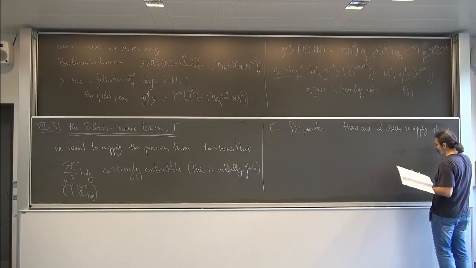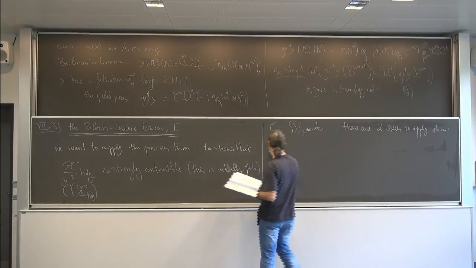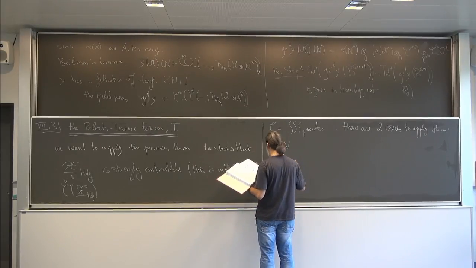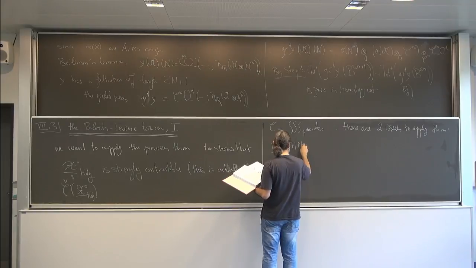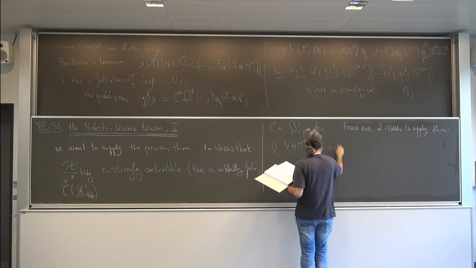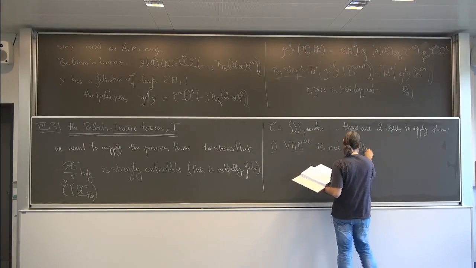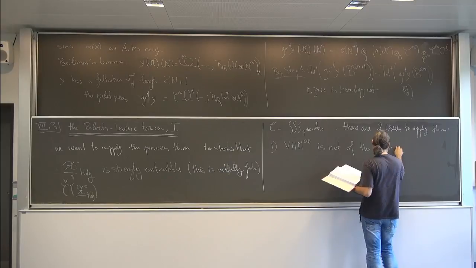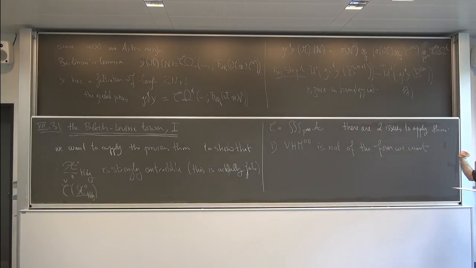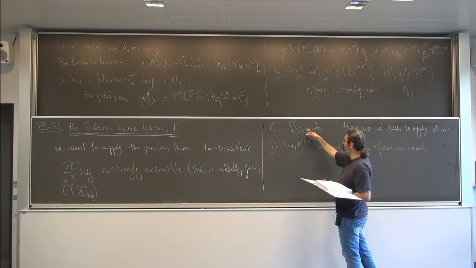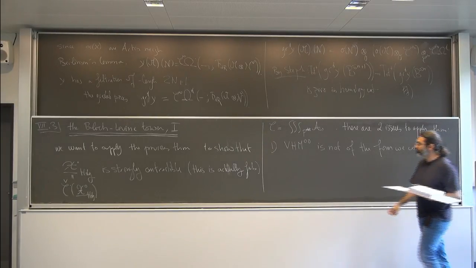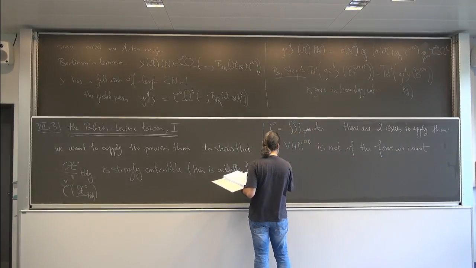The first one is that the functor VHM 0, 0 is not of the form we want. It's not that we have a functor from here to schemes and then we compose with VHM. In fact, what we have is rather the following.